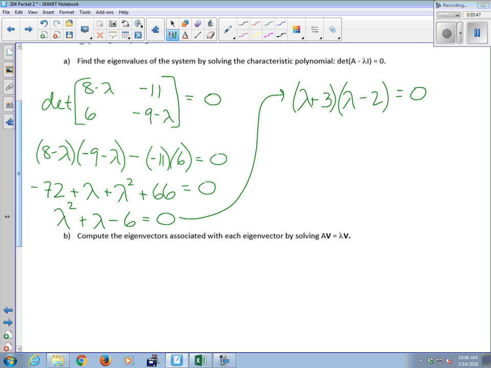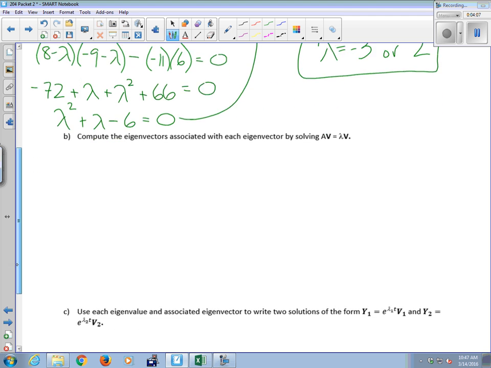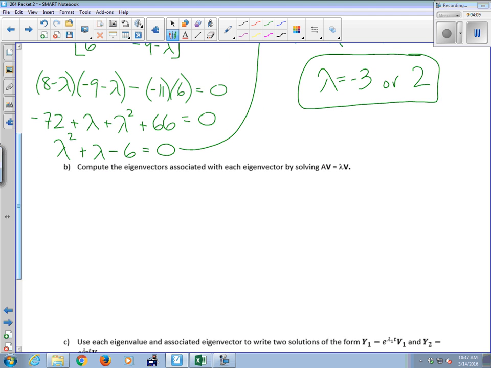All right, so my eigenvalues, you set each factor equal to 0, right? And you end up with lambda is negative 3 or 2. So I have 2 eigenvalues, negative 3 and 2. I want to compute an eigenvector for each one of those. So I have to solve the equation AV equals lambda V twice, once for each lambda.